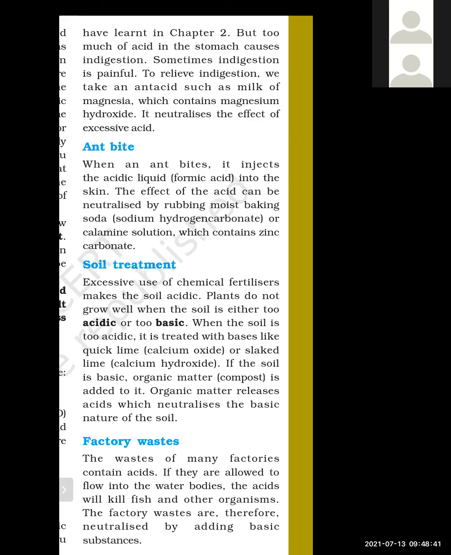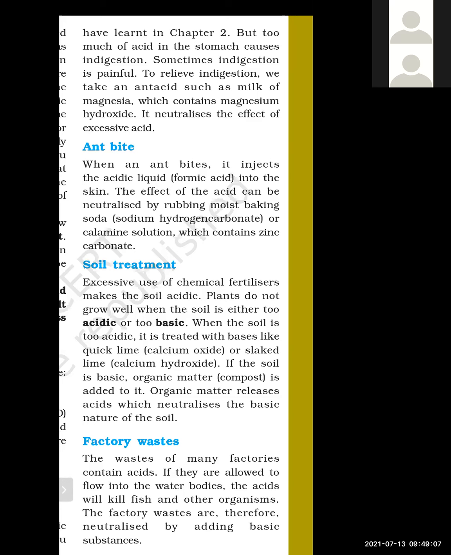Most of us have baking soda, also known as mitha soda, at home in our kitchen, because in many vegetables when we are cooking, we use that mitha soda. The scientific name is sodium hydrogen carbonate, or the common name baking soda.